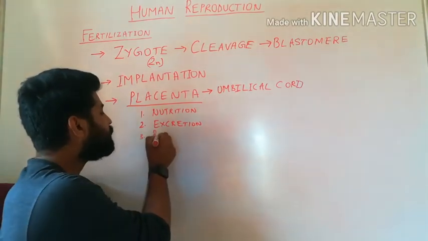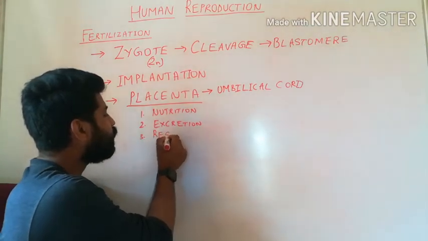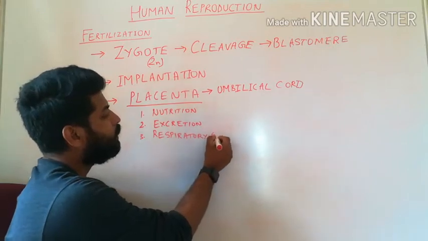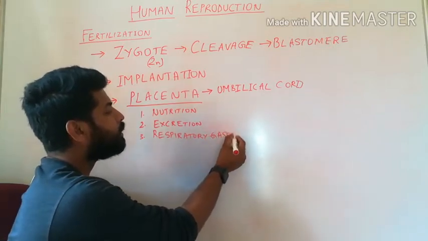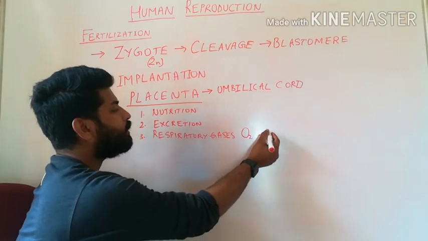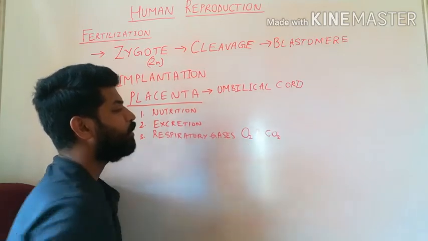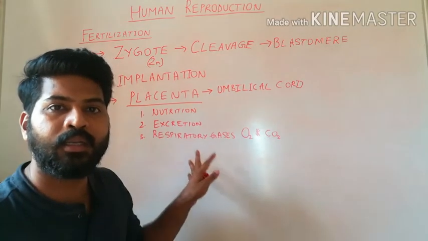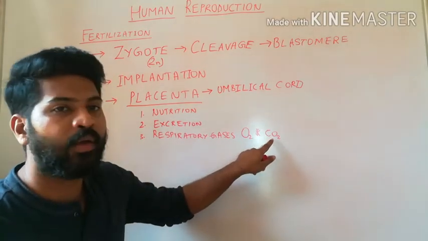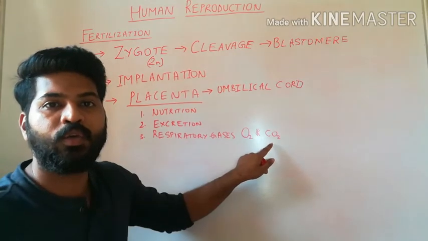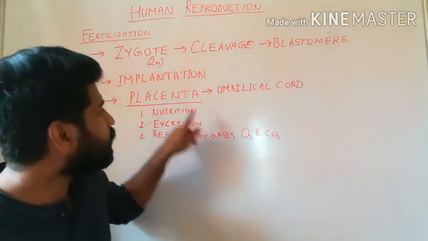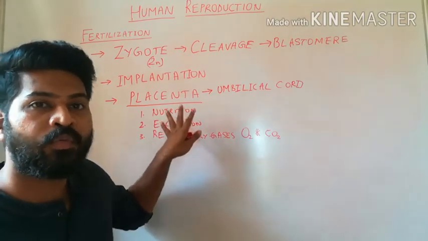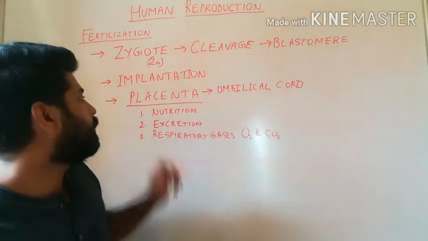It also helps in the exchange of respiratory gases such as oxygen and carbon dioxide. The embryo derives oxygen from the placental tissue through the maternal blood, and the waste product carbon dioxide is thrown into the maternal blood through the placental tissue. So, these are some of the important functions of the placenta.